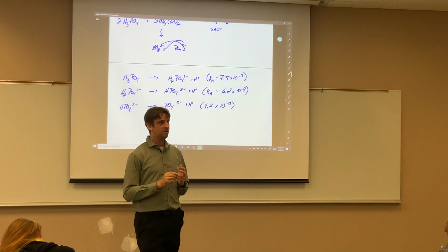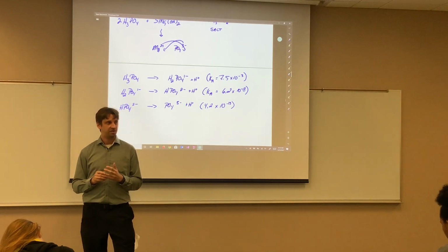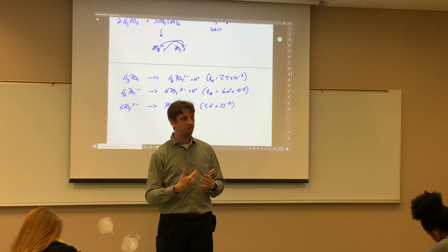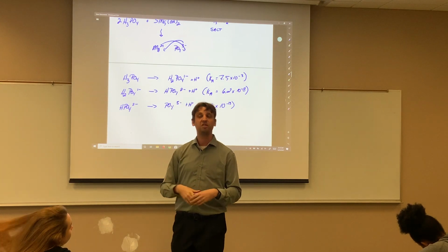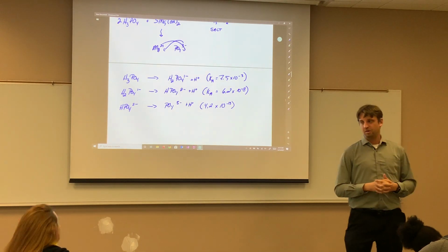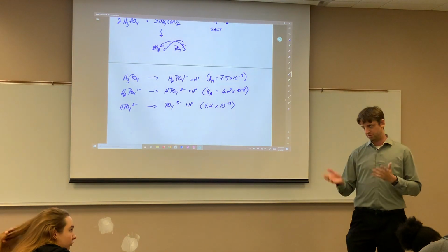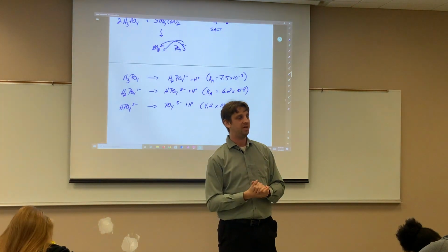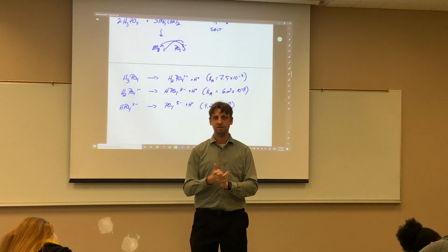A weak conjugate acid-base pair, a weak acid with its conjugate base in solution. And so the question would be, why do we need both of those in there? What's the purpose of a buffer, is another way of asking this. To maintain a pH, to mitigate large changes in pH. You guys with me on this?